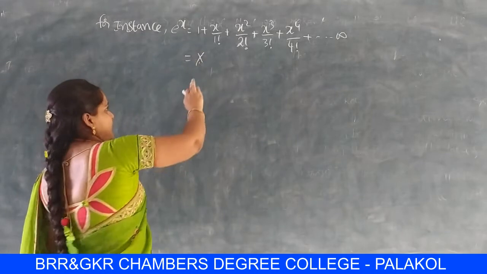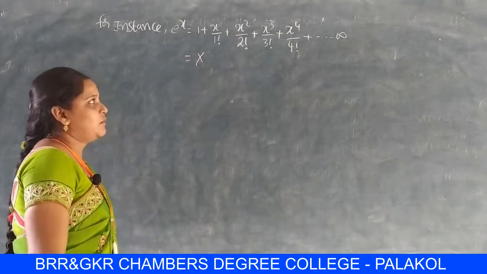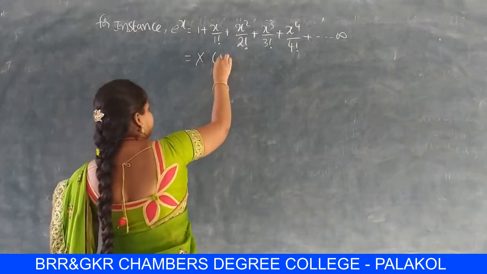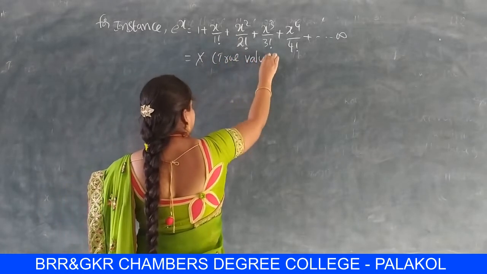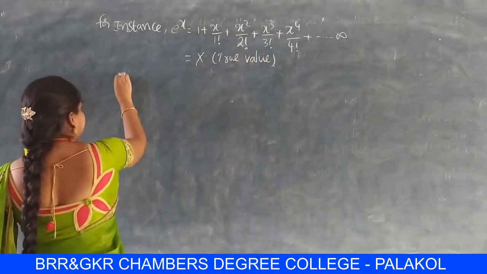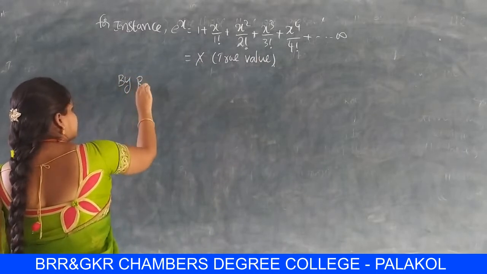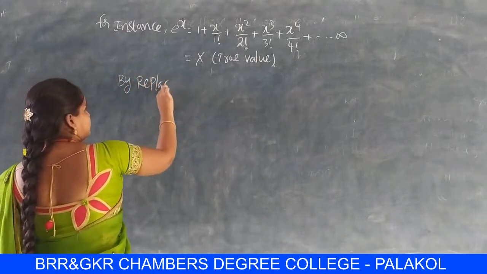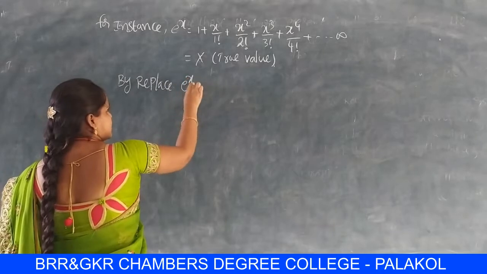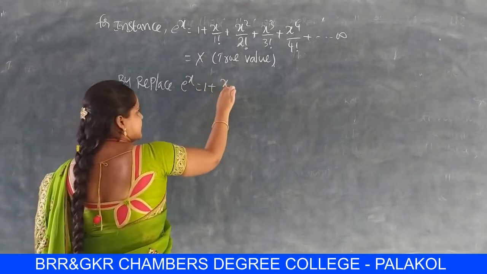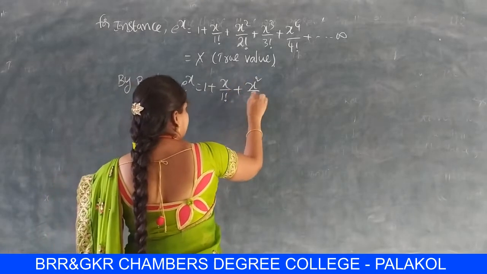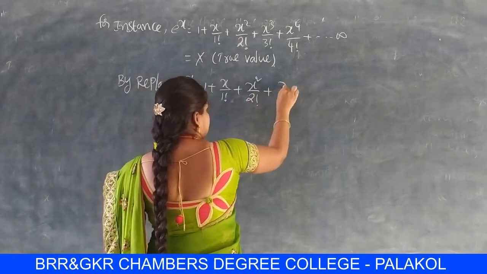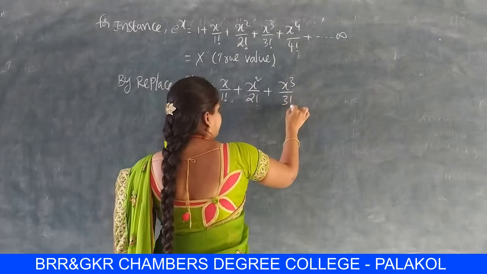The exact value is the true value, indicated by capital X, where e power x is equal to 1 plus x by 1 factorial plus x square by 2 factorial plus x cube by 3 factorial.